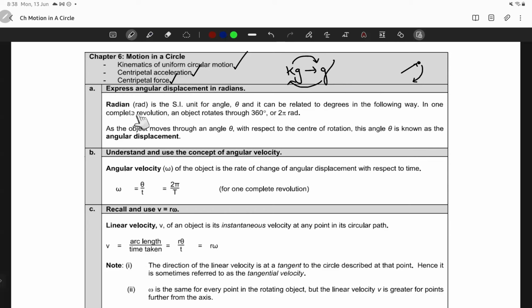Similarly, if you're using the radians unit for angle, then you should be able to relate it to the degrees unit for the angle. It's done so by the fact that in one complete revolution, an object rotates through 360 degrees or 2 pi radians, which just means that pi radians, pi rad, is equal to 180 degrees, right?